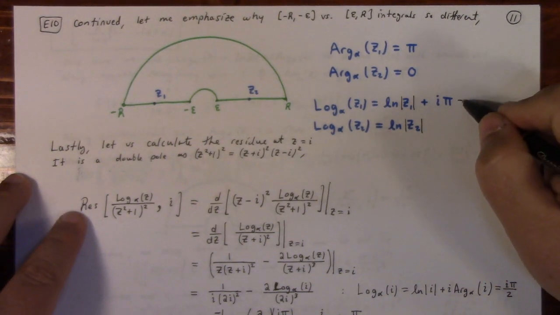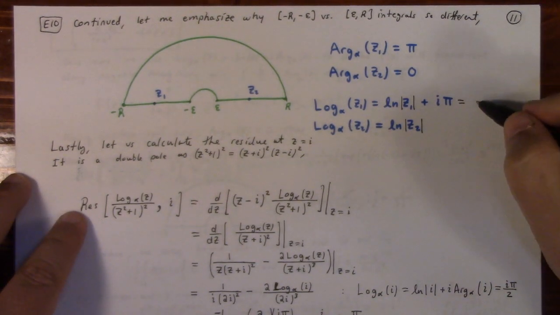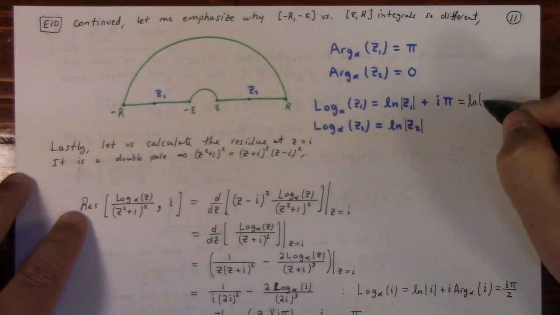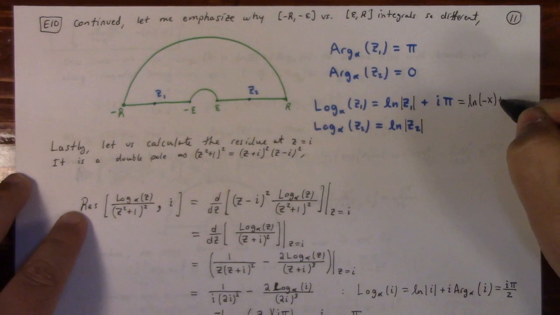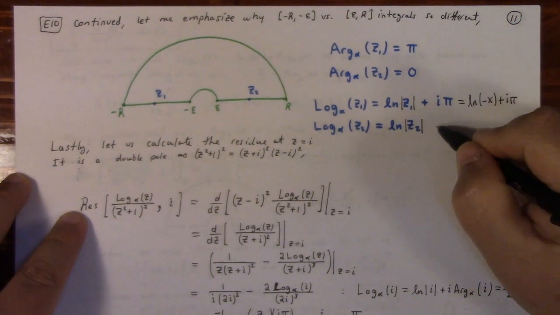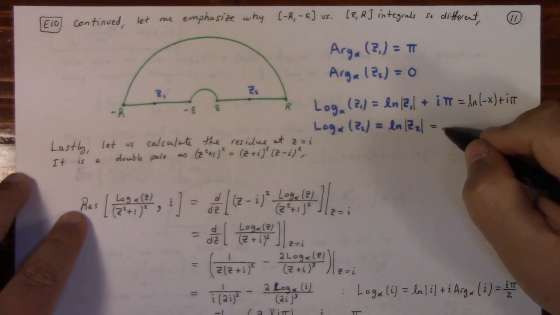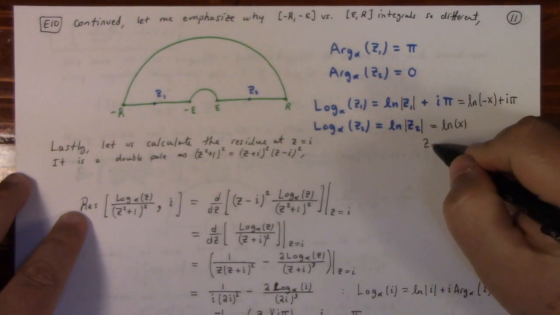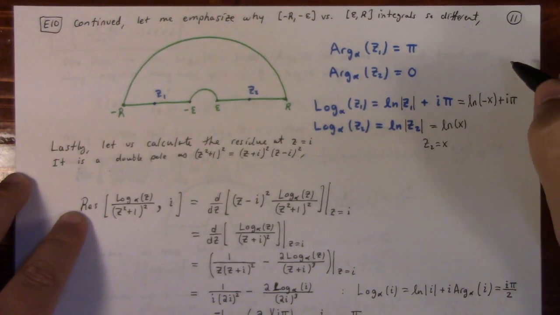Specifically, that would be the natural log of minus x plus i pi, and this would be just the natural log of x, so this would be z2 equal to x.